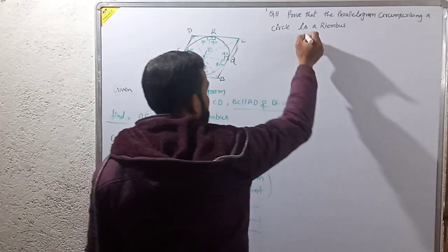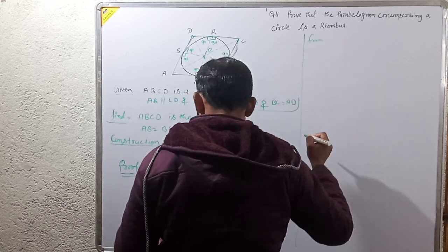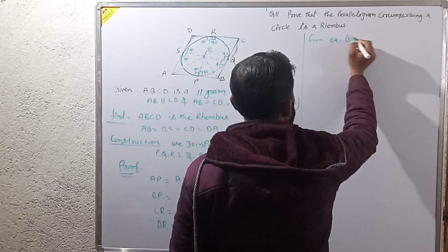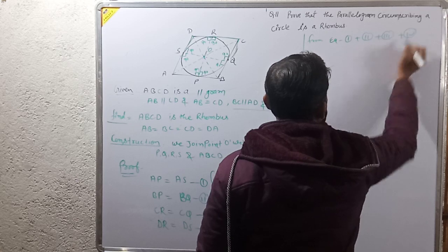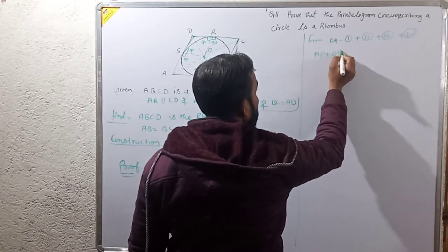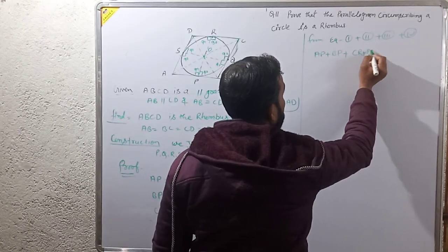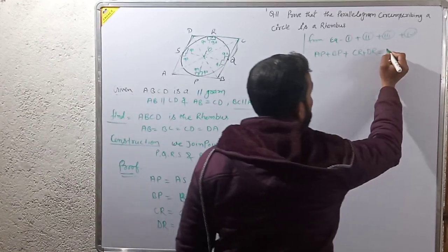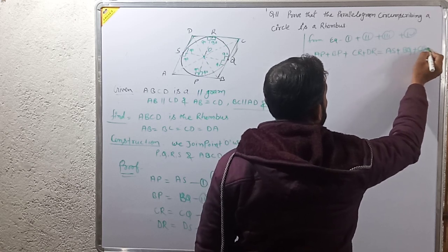So from equations first plus second plus third plus fourth, we have AP plus BP plus CR plus DR is equal to AS plus BQ plus CQ plus DS.